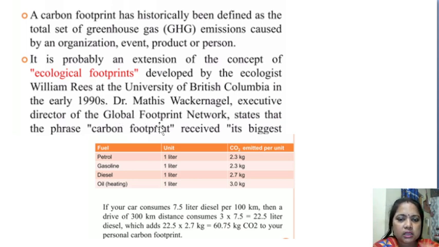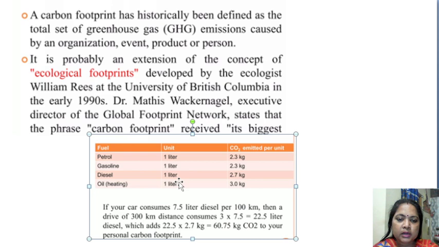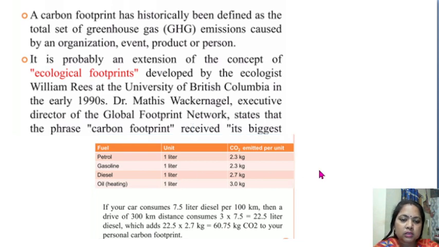Dr. Mathis Wackernagel, executive director of the Global Footprint Network, states that the phrase carbon footprint receives its biggest share from different sources, like petrol, gasoline, diesel, and heating oil.